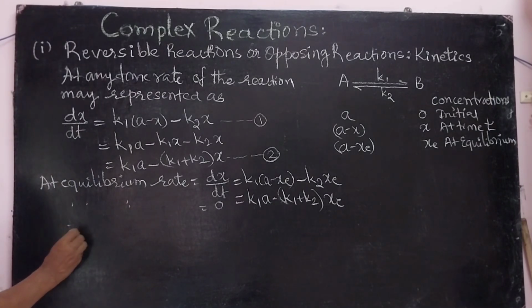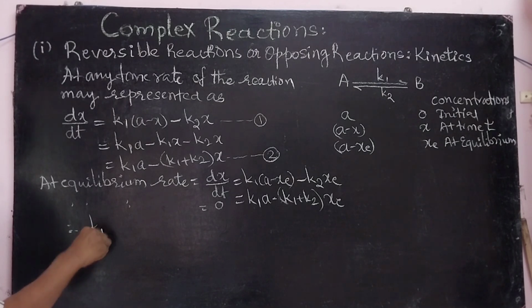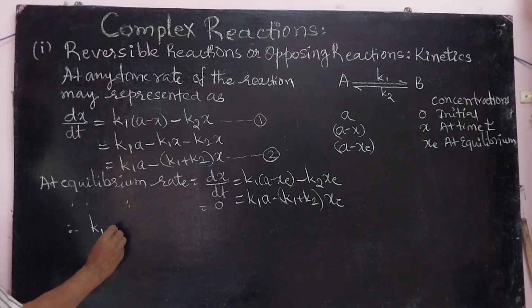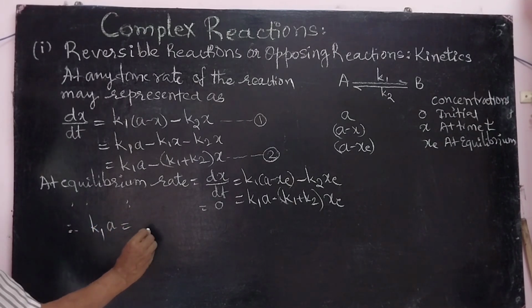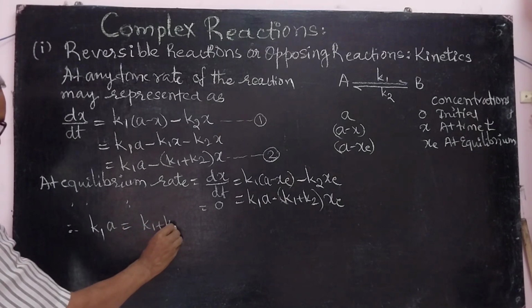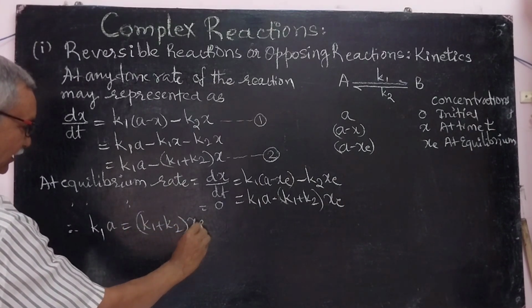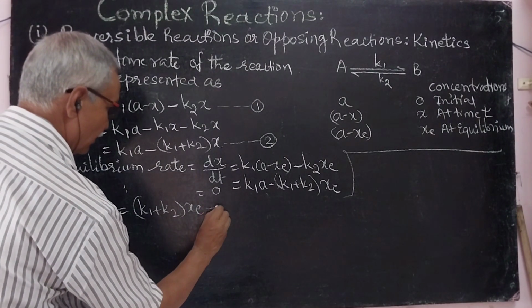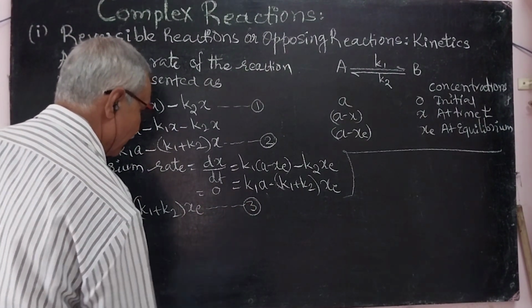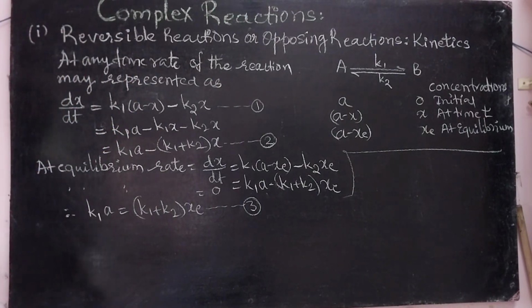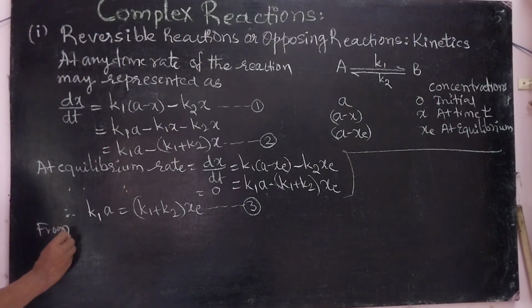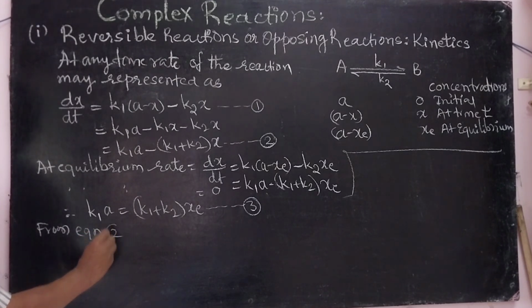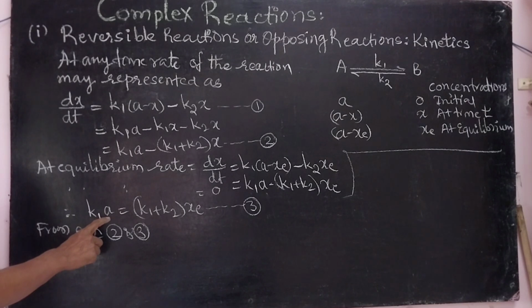Therefore, at equilibrium, K1A is equal to (K1 plus K2) Xe. Suppose this is equation 3. From equation 2 and 3, just substitute the K1A.